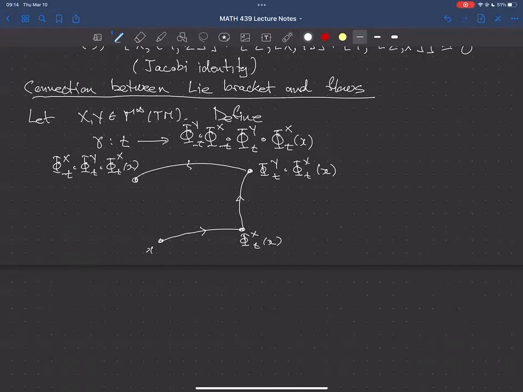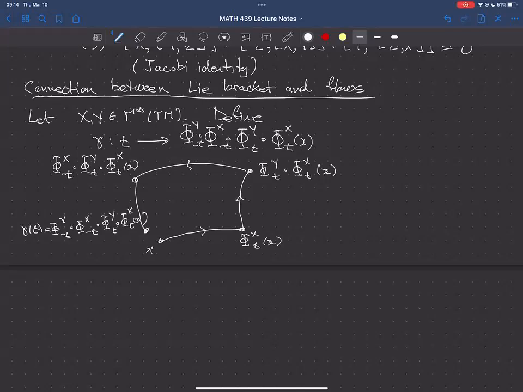Then finally, again I go backwards, but now by Y. I end up somewhere here, and the fact is you don't necessarily come back to x. That point is gamma of t, which is phi Y minus t of phi X minus t of phi Y t of phi X t of x.